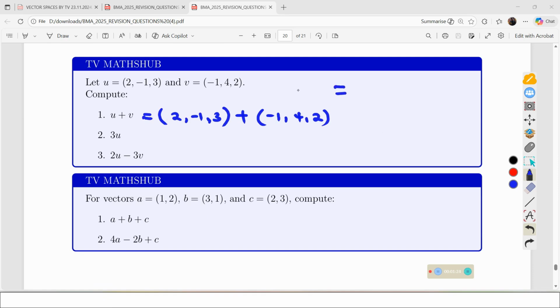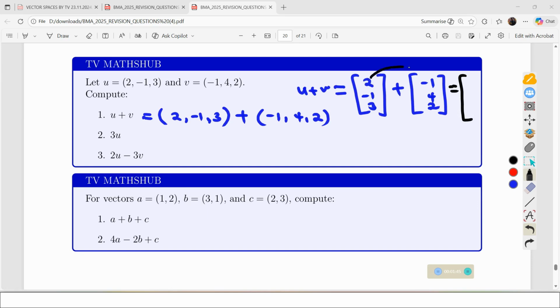So if you put this in column form, u plus v will be the same as (2, -1, 3) plus (-1, 4, 2). In other words, when you are adding vectors, you add component wise. So let us add the corresponding entries: 2 with -1, 2 plus -1, -1 plus 4, then 3 plus 2.